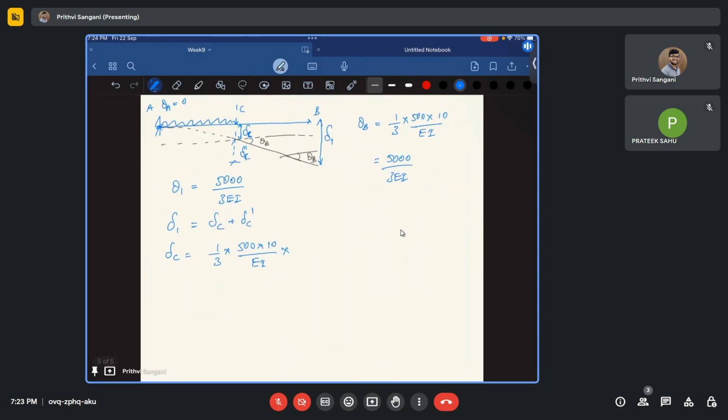So let me note down. We have this line, and let me say this is a triangle. Okay, this is one parabola. This is another parabola.